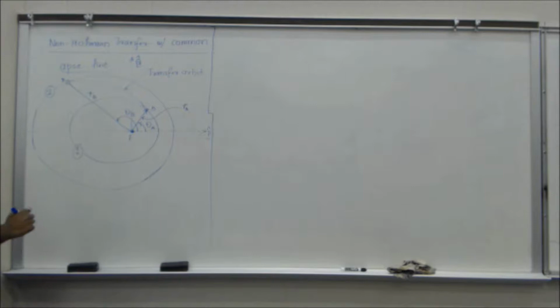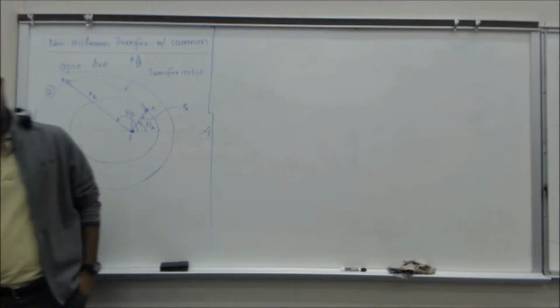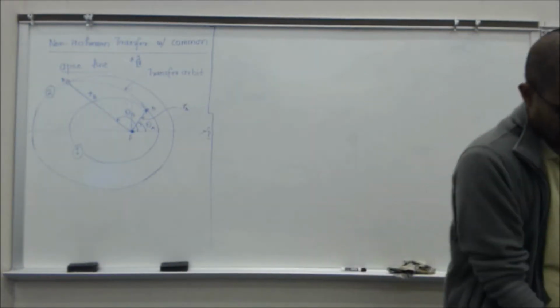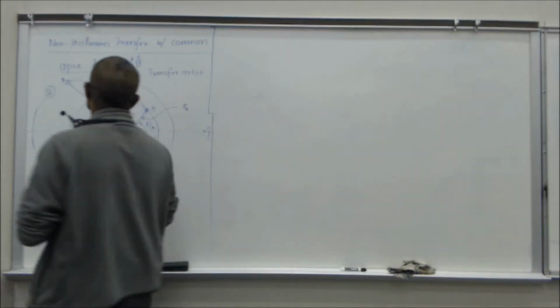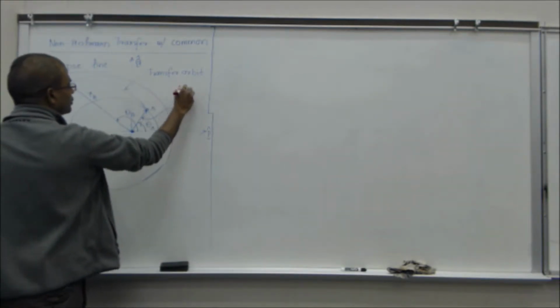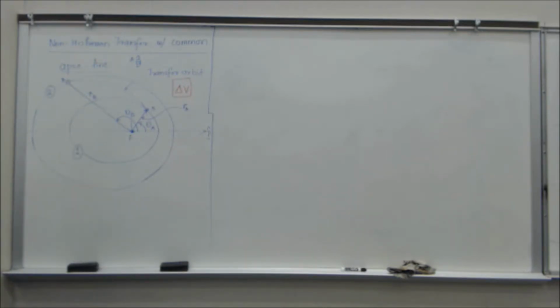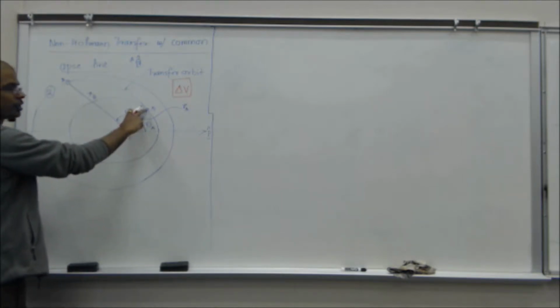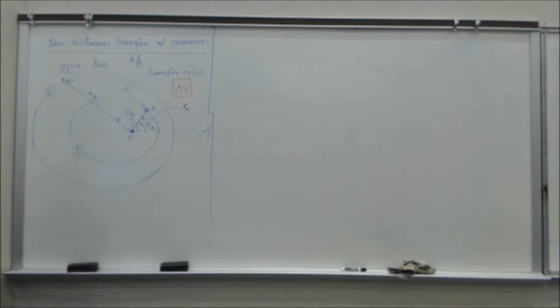I want to again reiterate that whenever you're talking about orbital maneuvers, the one thing which is very important is your delta V. At this point, you're going to fire your thrusters, right? You need to know what is the delta V required, the change in velocity, to go from this to this.